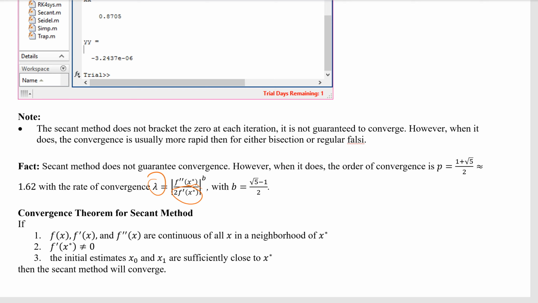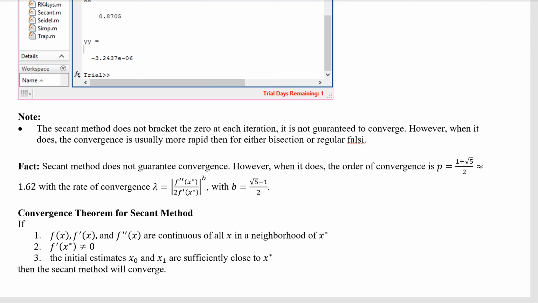And third, the initial estimates x0 and x1 are sufficiently close to the true value. Then the secant method will converge. So we have to satisfy those 3 conditions. So far, so good, everybody?